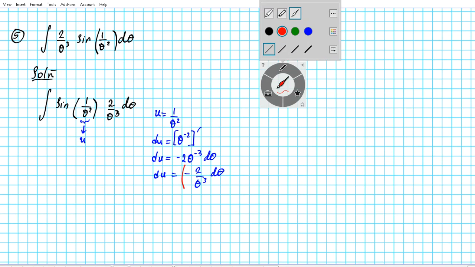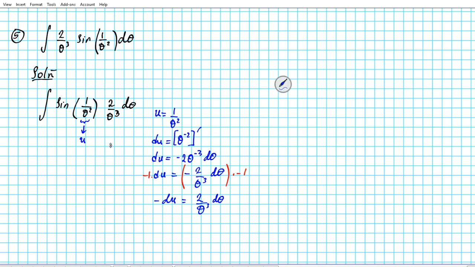So we simply multiply both sides by negative 1, and then we will be able to carry out our substitution. So negative du is equal to 2 over theta cubed d theta. That's exactly what we're looking for. So this portion right here is negative du.